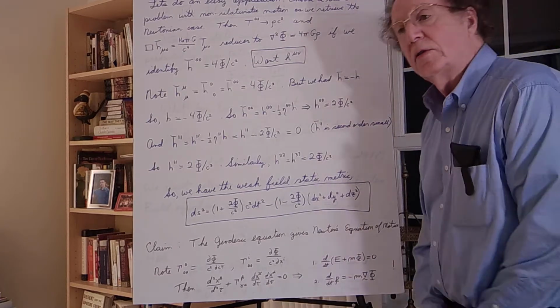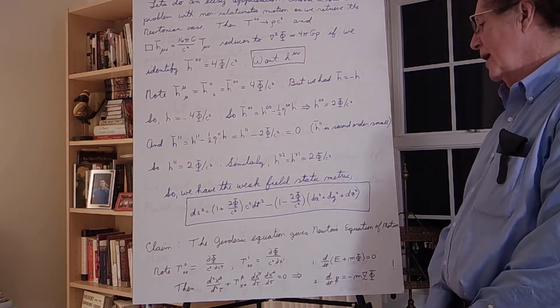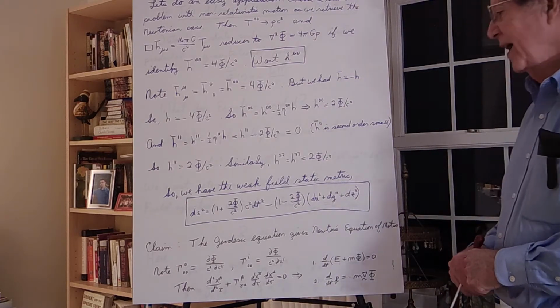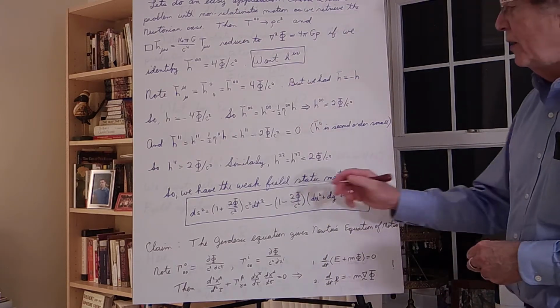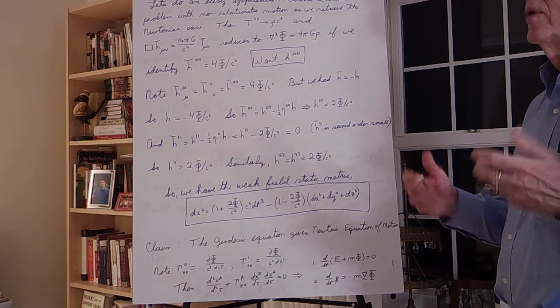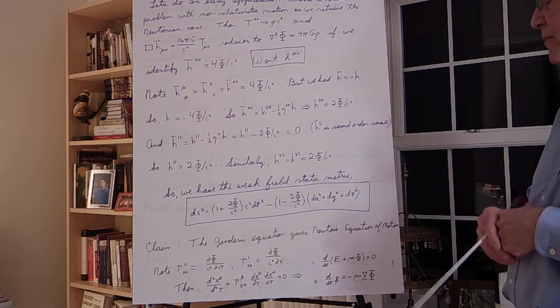So check the supplemental lecture number 11 for the details. Be careful with your signs, and you'll get that, and that's very useful, because now we have the metric that's going to apply to lots and lots of problems.